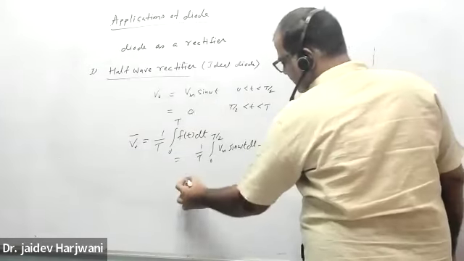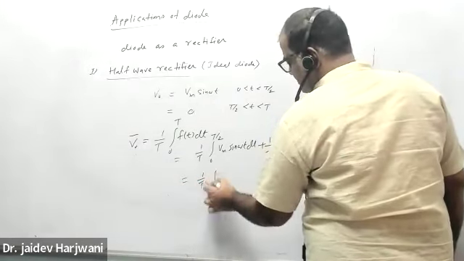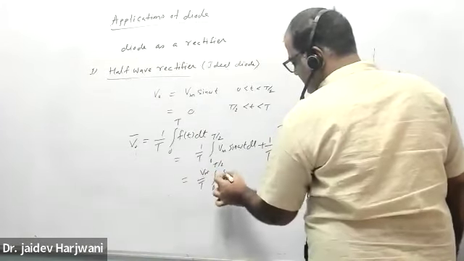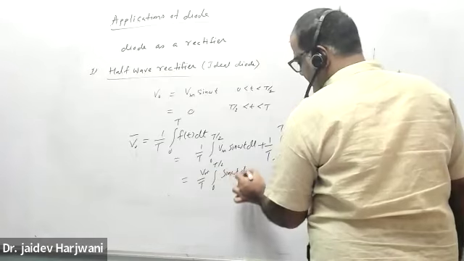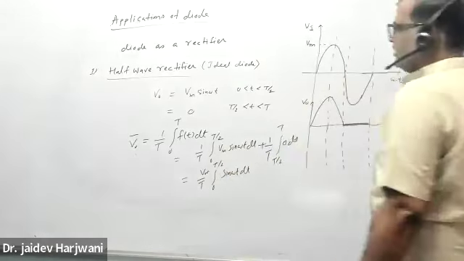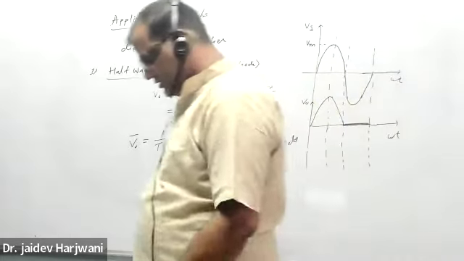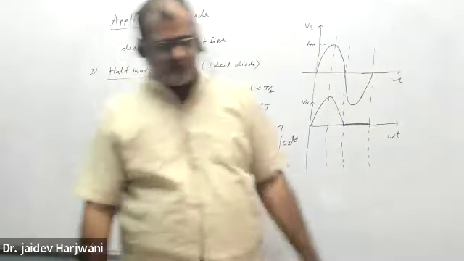So now this will become 1 upon T, 0 to T by 2, Vm sine omega t dt. Solve this one and tell me what is the value of the average value or DC value of output.